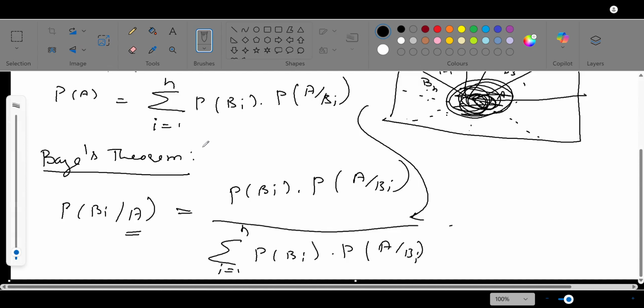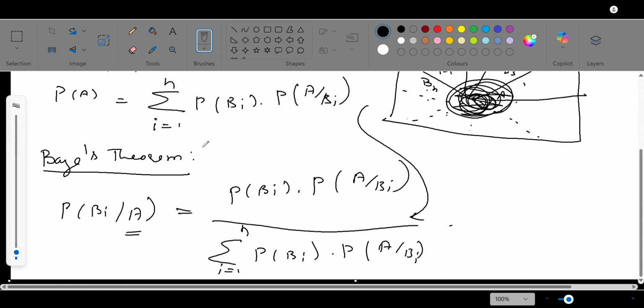P of A into P of D by A divided by P of A into P of D by A plus P of B into P of D by B plus P of C into P of D by C. Here D is the defective bolt.